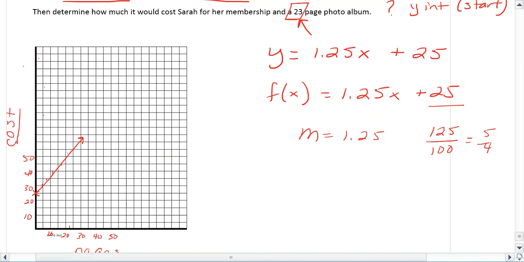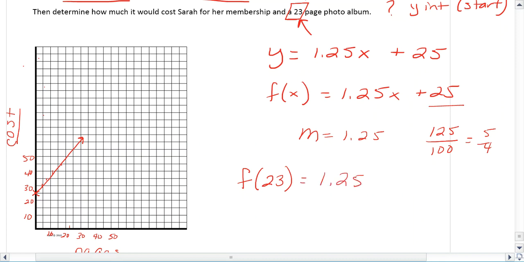But I'm not really happy with being a little off there, of not having all the accuracy I would like. So the other option, algebraically, is to put the 23 in for x and find this more precisely.